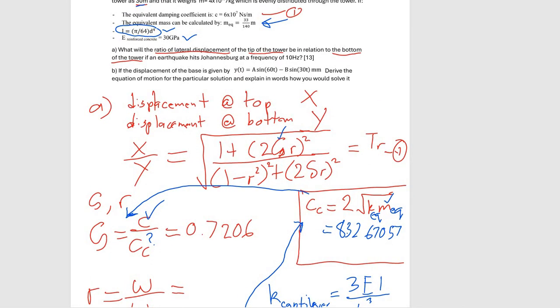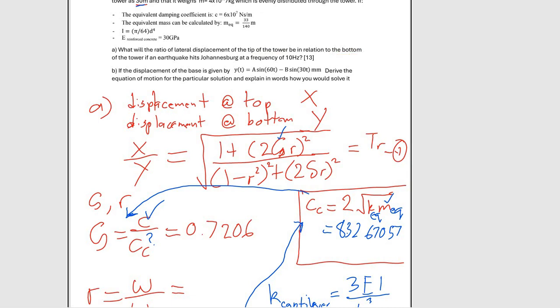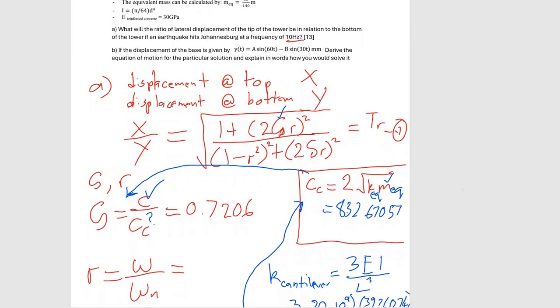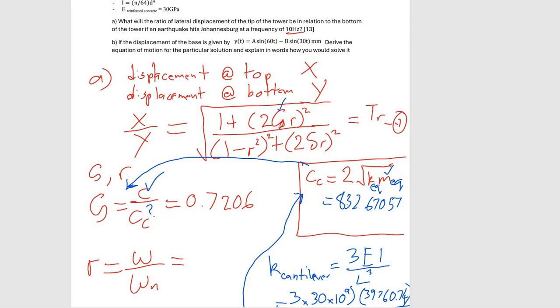If I zoom in and erase everything else, you can clearly see where I'm pointing. The excitation frequency was given as 10 hertz. If we convert 10 hertz to radians, that is approximately 62 radians per second.